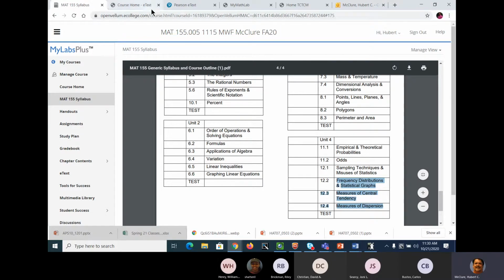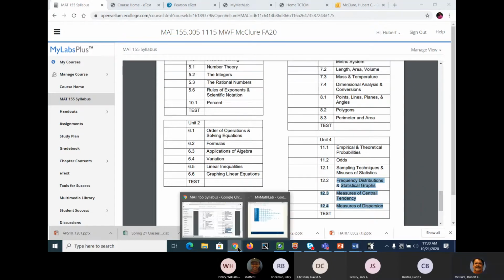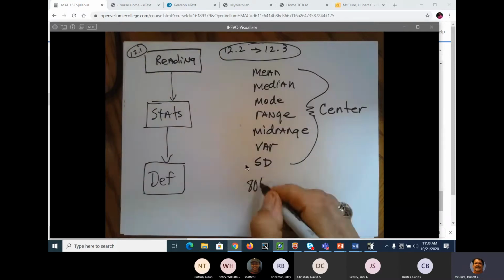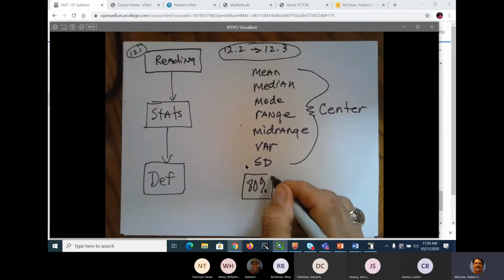I thought I did. So when you talk about chapter 12, you're talking about a lot of reading. And then 12.2 to 12.3, you're going to be talking about all this stuff. So 80% of your test is going to come from 12.2 to 12.3. And I might break this up into 2 tests.